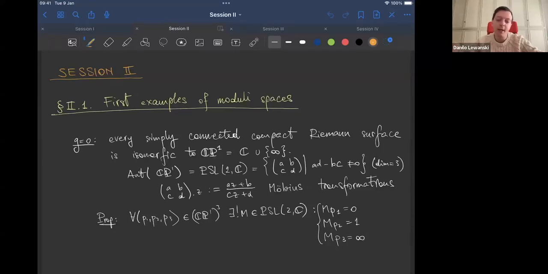And also we saw the number of pairs of pants, which is almost 2/3 of that, because every pair of pants has 3 boundaries, but each of the boundaries is shared between 2 pairs of pants, except if they are marked points. So with this trick, you can see that the number of pairs of pants is 2g minus 2 plus n, which is coherent with the fact that 2g minus 2 plus n is minus the Euler characteristic of the surface.